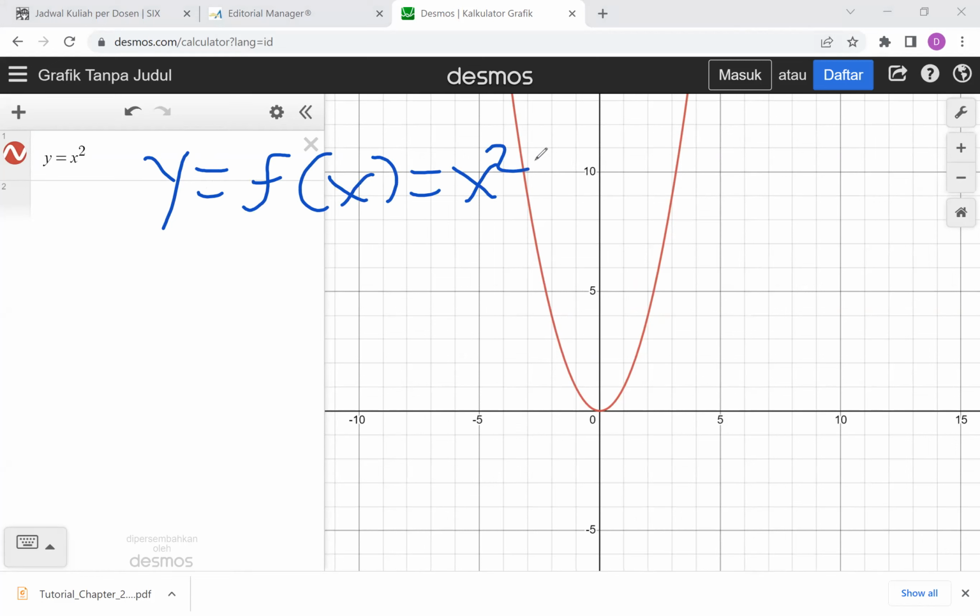The minimum value is 0, right? The reason is that the value of f of 0 is 0, and 0 is obviously less than or equal to x squared for any real number x.